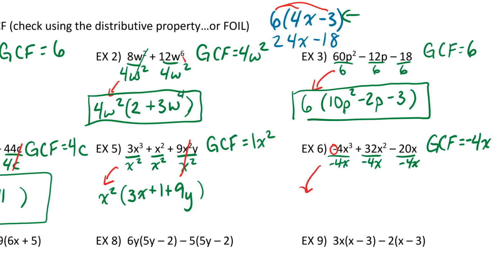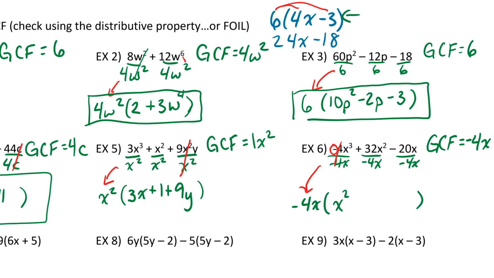The negative 4x comes to the outside, big parentheses, and we start our division. So for the first one, negative 4 and negative 4 go away. X cubed over x will be x squared.